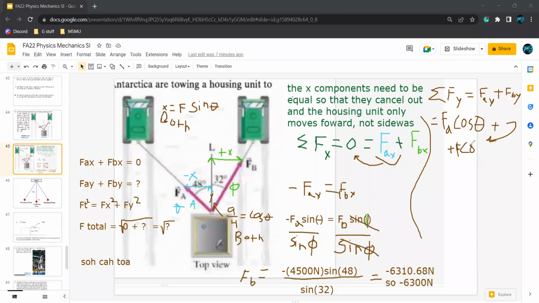And I'm using psi and theta because we have two different angles. So you could plug the angle right in, but in order to do it symbolically, I'm just using different symbols for each angle.